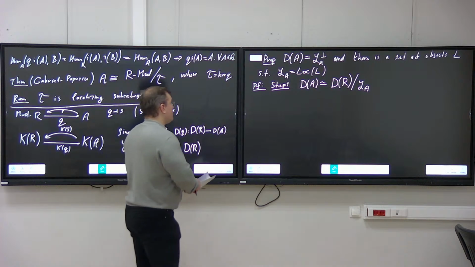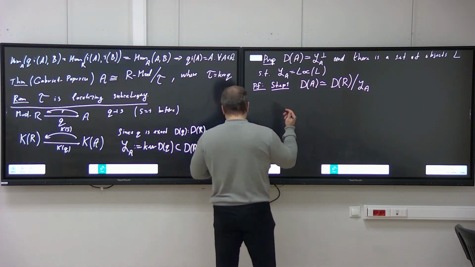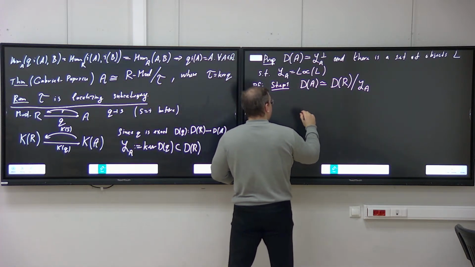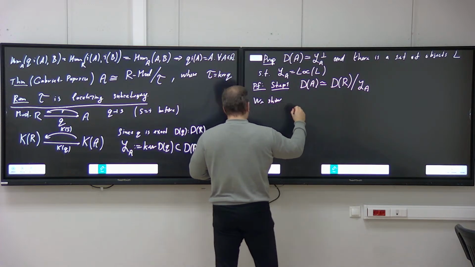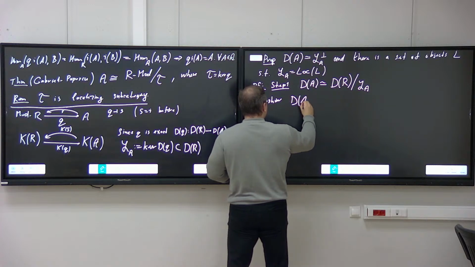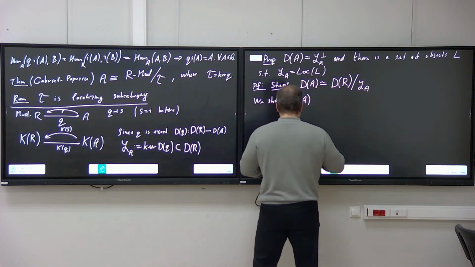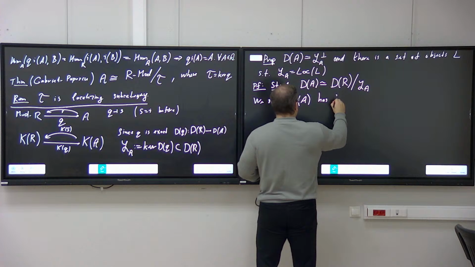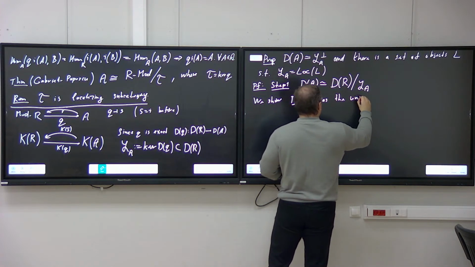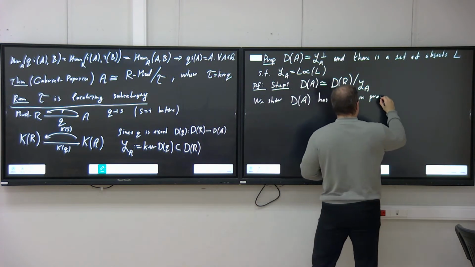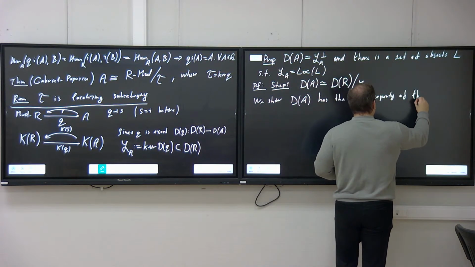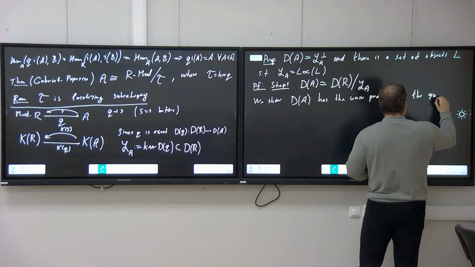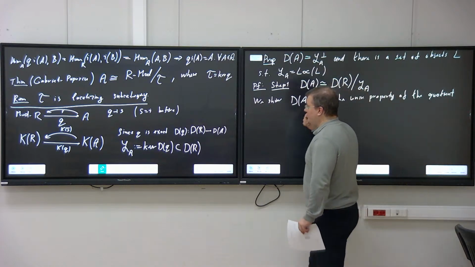Okay, so the plan is to show that the derived category D of A has the universal property of the quotient. And now, since the quotient is unique, we'll get this equivalence of two categories.